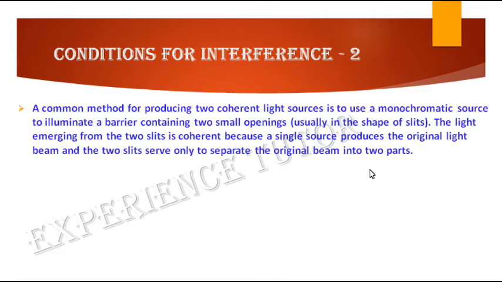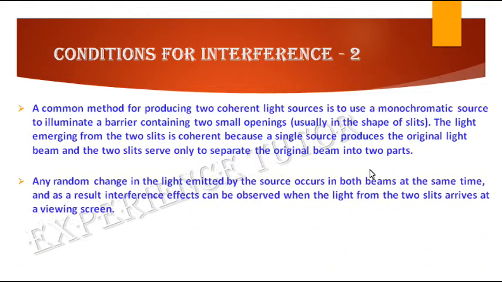A common method for producing two coherent light sources is to use a monochromatic source to illuminate a barrier containing two small openings, usually in the shape of slits. The light emerging from the two slits is coherent because a single source produces the original light beam and the two slits serve only to separate the original beam into two parts.